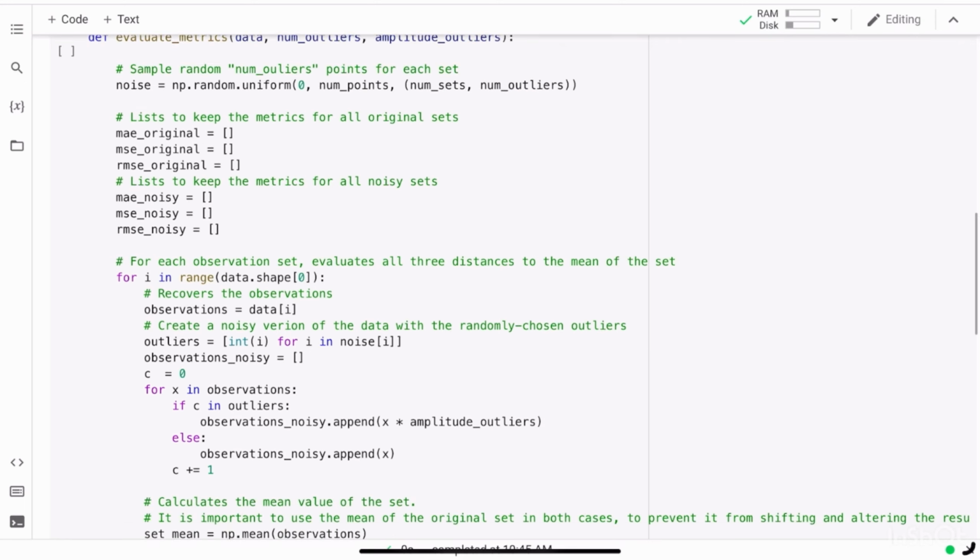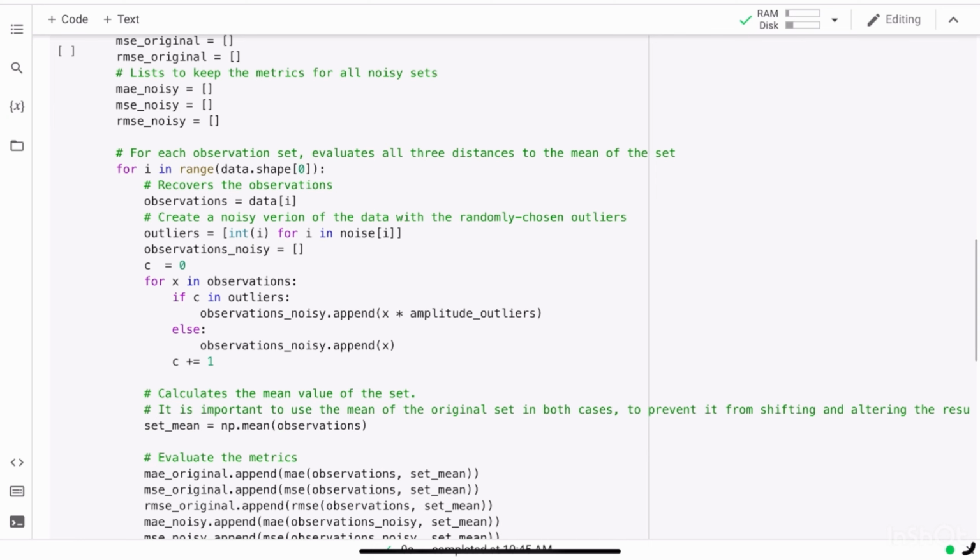If you see this for loop, what I am doing is taking all the data points one by one, and for the number of outliers I have decided, for those many observations, it is multiplying by the amplitude. That means whatever the original x value is, it is multiplied by the amplitude value. The original distribution is the original dataset, and the noisy distribution I am creating using the amplitude and the outliers.